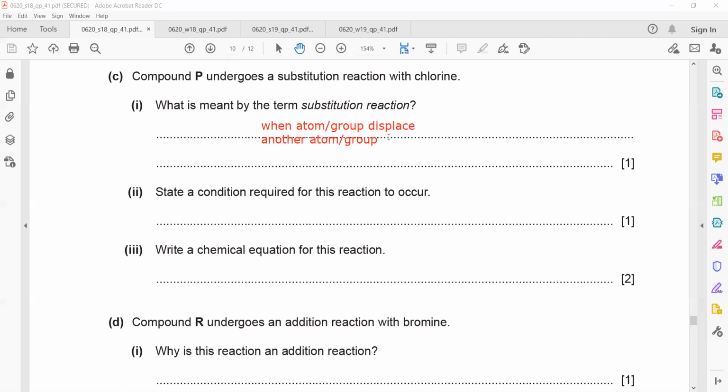State the conditions for substitution reaction. What are the conditions for substitution of alkane with chlorine? So we need UV, ultraviolet.